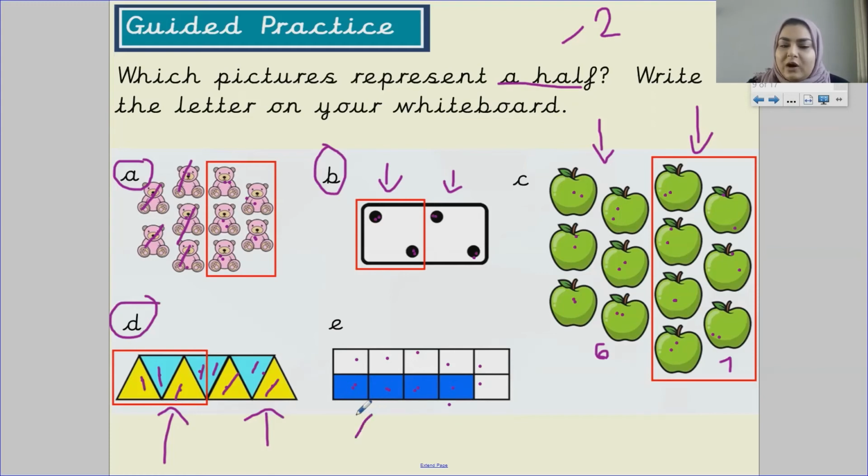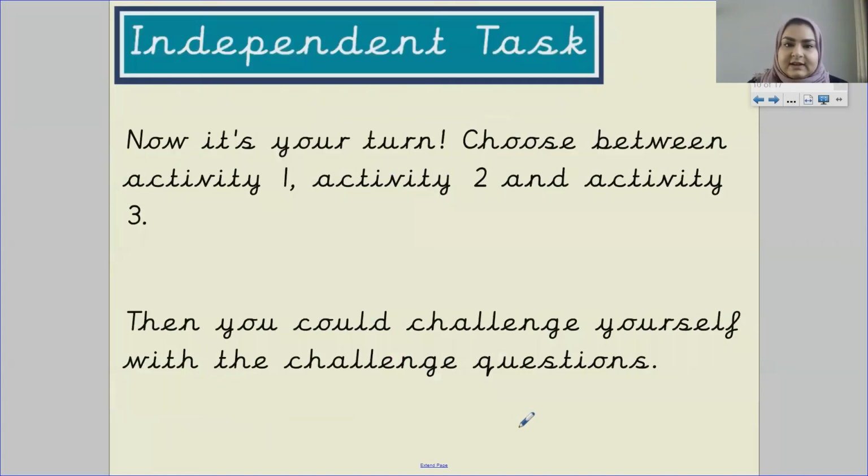Okay, 4 are blue, and 1, 2, 3, 4, 5, 6 are white. Is that representing half? No, fantastic. The reason it's not representing half is because the white is not equal to the blue. Okay, fantastic. Now it's your turn.